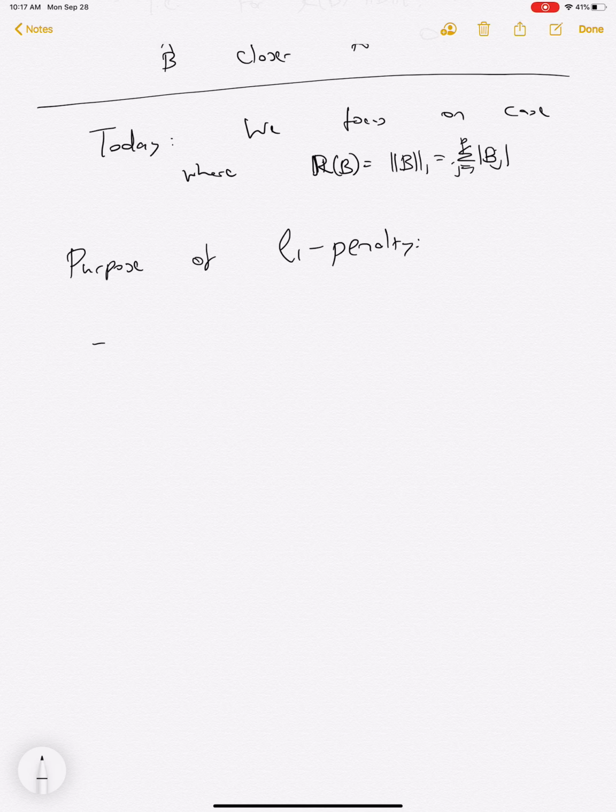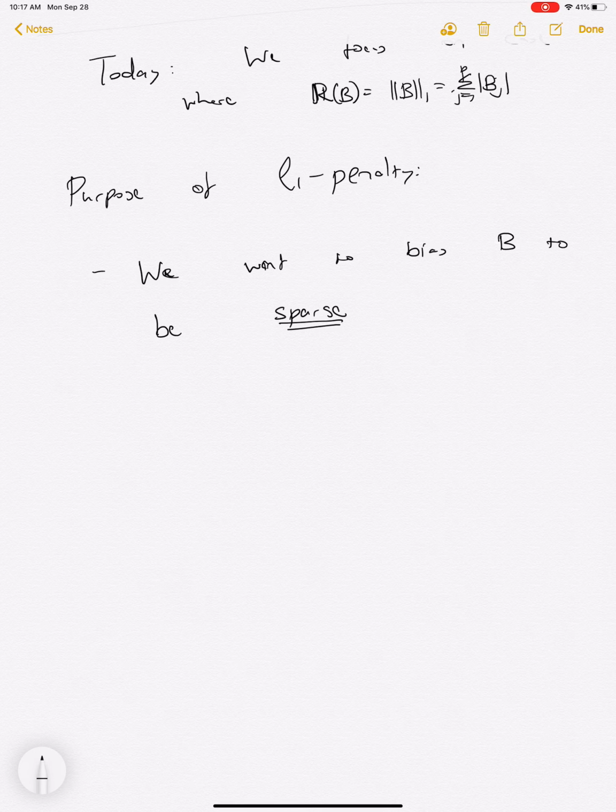The key idea is that we want to bias B to be sparse. What that means is that B has many zeros, and these are not approximate zeros, these are exact zeros. Why would we want to do that?